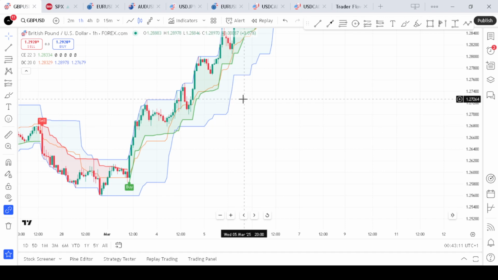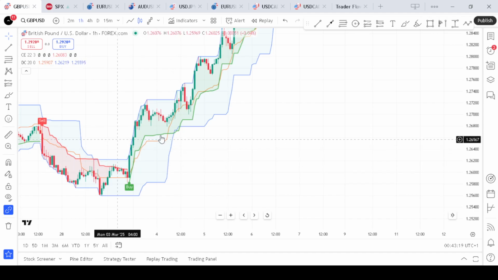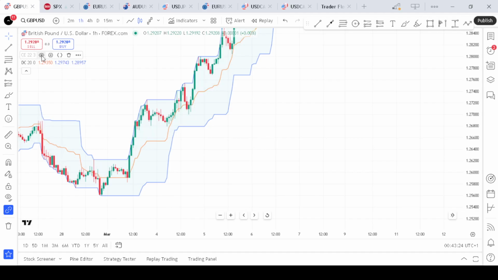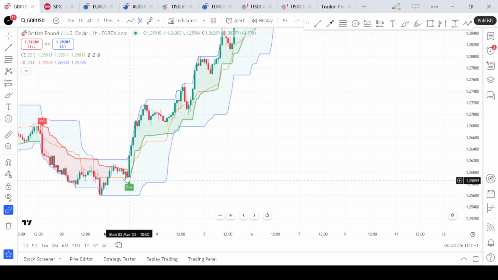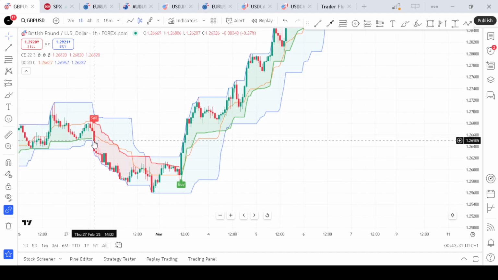Now for short trades, the logic is reversed. The Chandelier Exit is placed above the lowest low of the defined period. It is automatically placed at the lowest low.